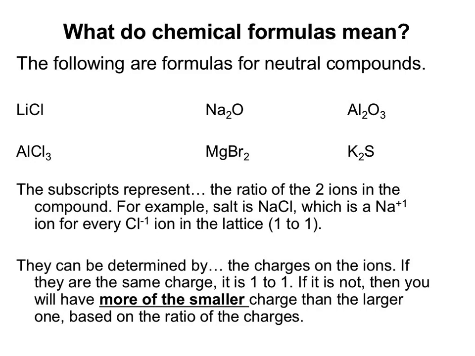Now, if they have the exact same charge, 1-to-1, it's equal amounts of both. If it is not exactly the same charge, you're going to have more of whichever charge is smaller than you have of the charge that's bigger. Like in the aluminum and the chlorine one, it was +3 and -1. So I had to have 3 of the small ones, the -1s, in order to make it work.